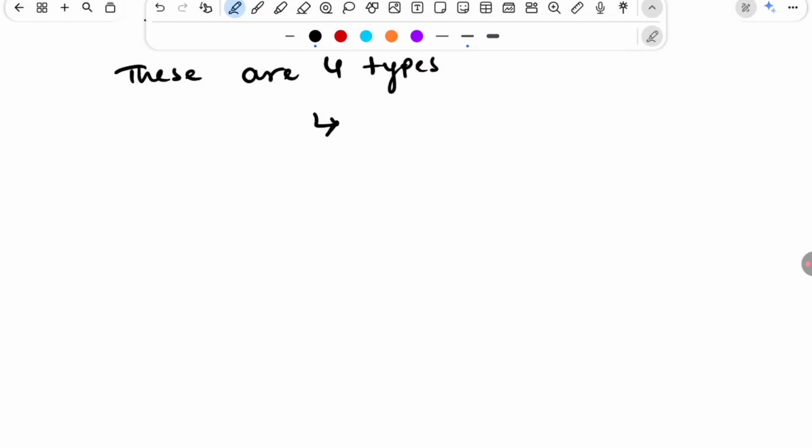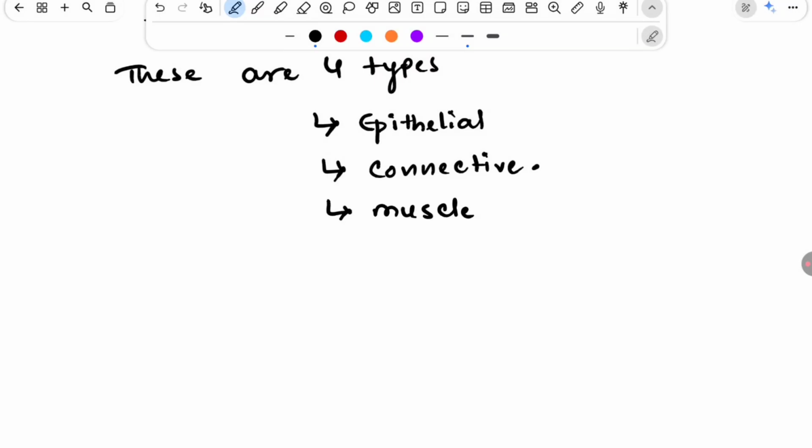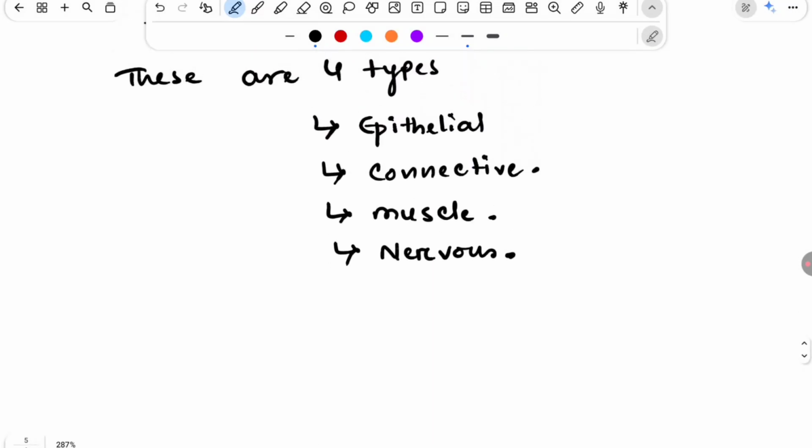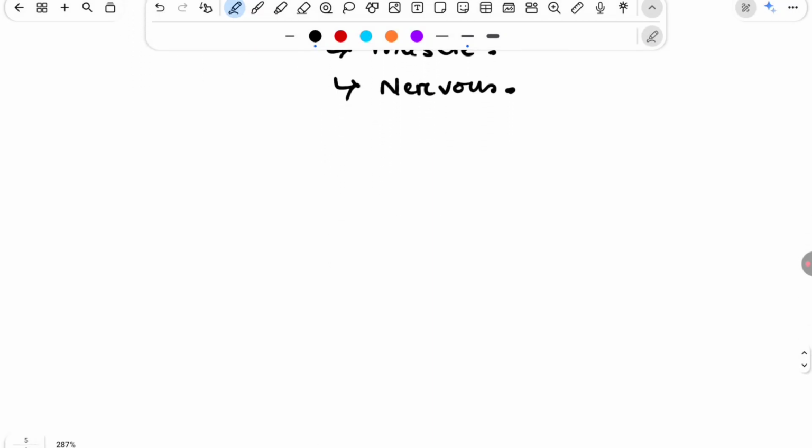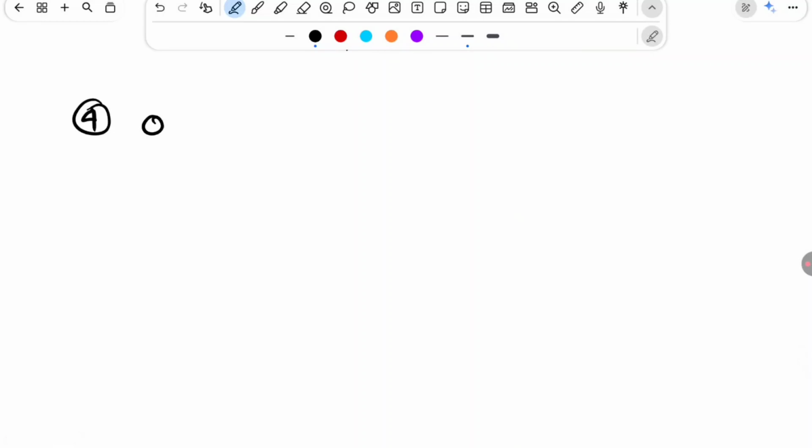First one, epithelial. Next one, connective, muscle, and nervous. These all are the 4 types of tissues. Next, fourth is organ level.